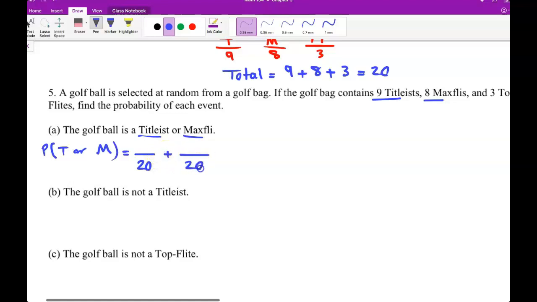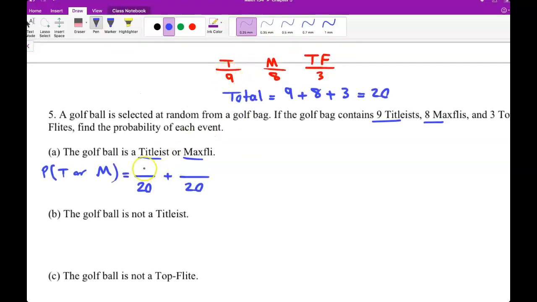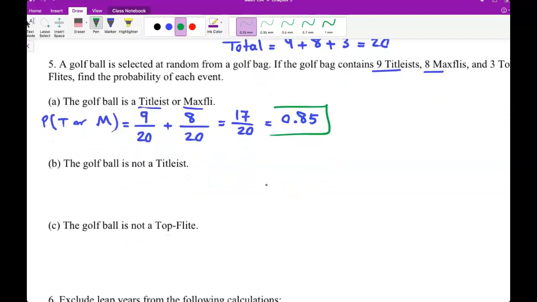Same thing for this one. T is 9, M is 8. Okay, so here is the answer for part A.